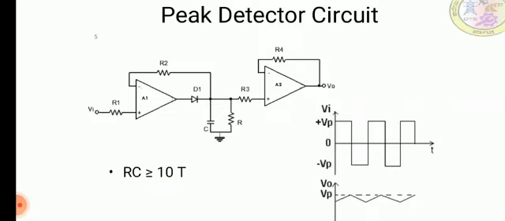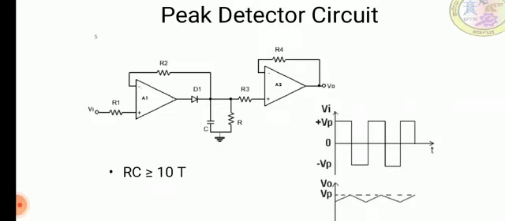The capacitor employed in the circuit is charged through the diode by the applied input signal. The small voltage drop across the diode is ignored and the capacitor is charged up to the highest peak of the applied input signal. Let us consider that initially the capacitor is charged to the voltage Vc, and the diode employed in the circuit gets forward biased when the applied input voltage exceeds the capacitor voltage Vc.